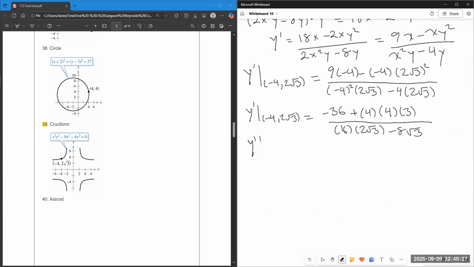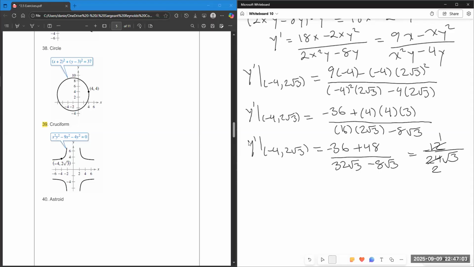So y prime at (-4, 2√3) is -36 plus 16 times 3, which is 48, over 32√3 minus 8√3, which gives me 12 over 24√3. 12 goes into 24 2 times.